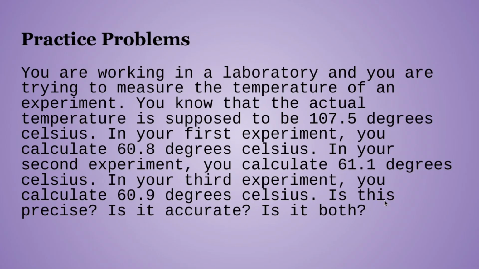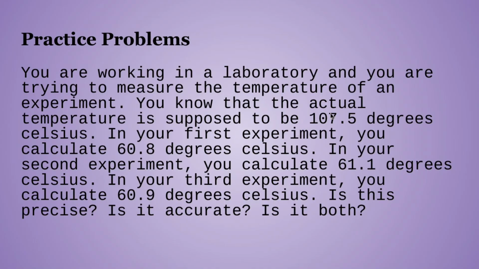Or is it both? Okay, so think about what you're getting. You can pause the video to kind of tell. In all of these experiments, you're getting an answer that's kind of close. Your answers are agreeing with each other. Since your answers are all agreeing with each other, that would be precise. That is precision.